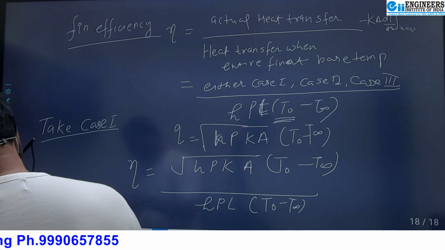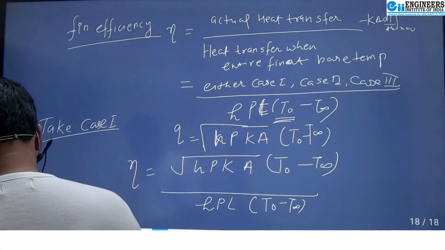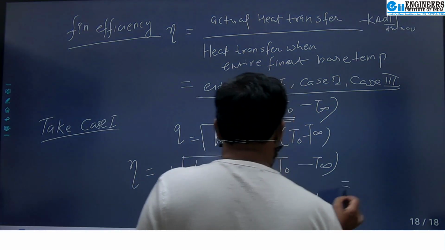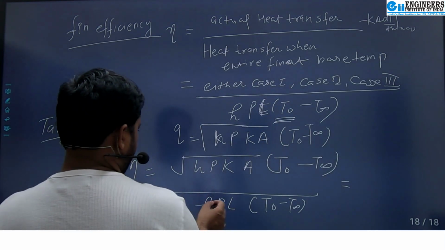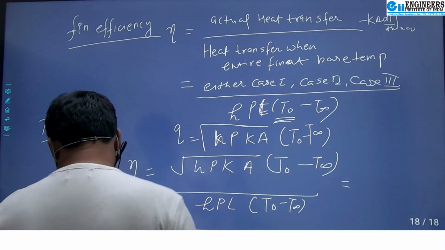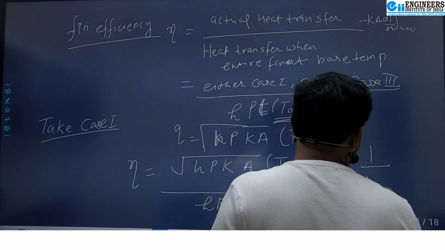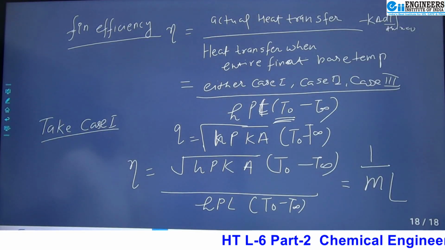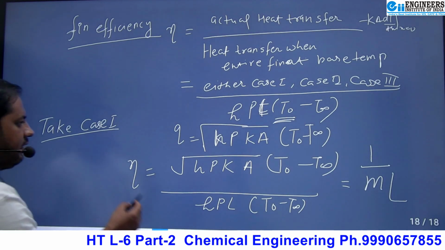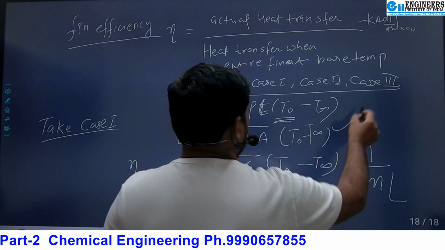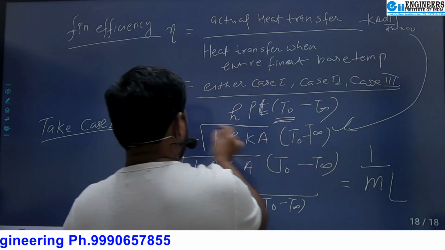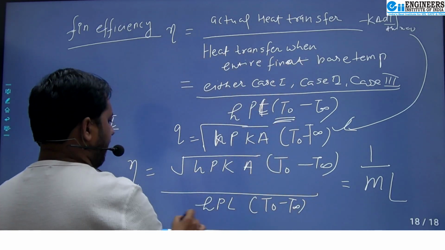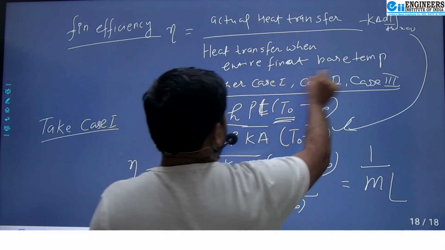When you divide, you find 1 upon mL, where m is nothing but root(hP upon kA). This is for case 1, because for case 1 the actual heat transfer is this. When you calculate the efficiency, you put the actual heat transfer divided by the heat transfer when the entire fin is at the base temperature.